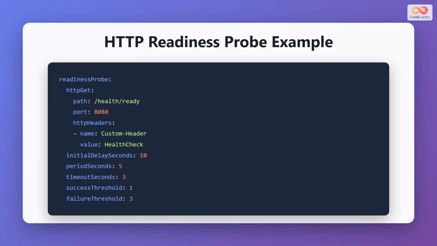Here's a practical example of an HTTP readiness probe configuration. The HTTP GET section specifies the path, which is /health/ready, and the port, which is 8080. You can even add custom HTTP headers for authentication or other purposes. The initial delay seconds parameter tells Kubernetes to wait 10 seconds after the container starts before running the first probe.